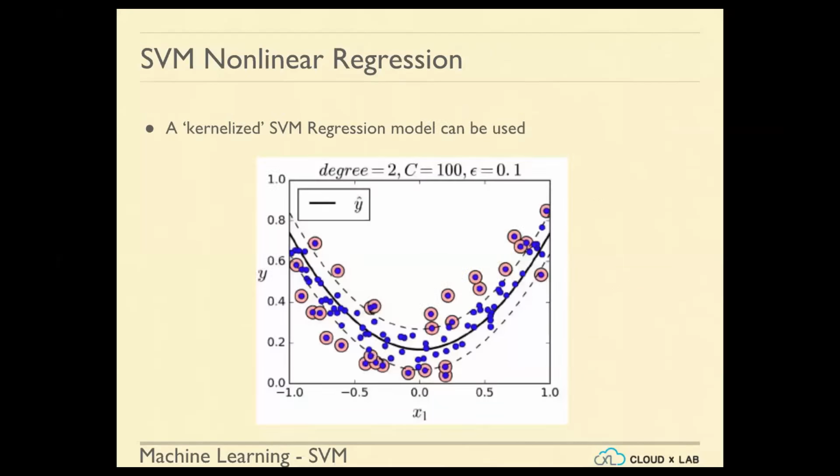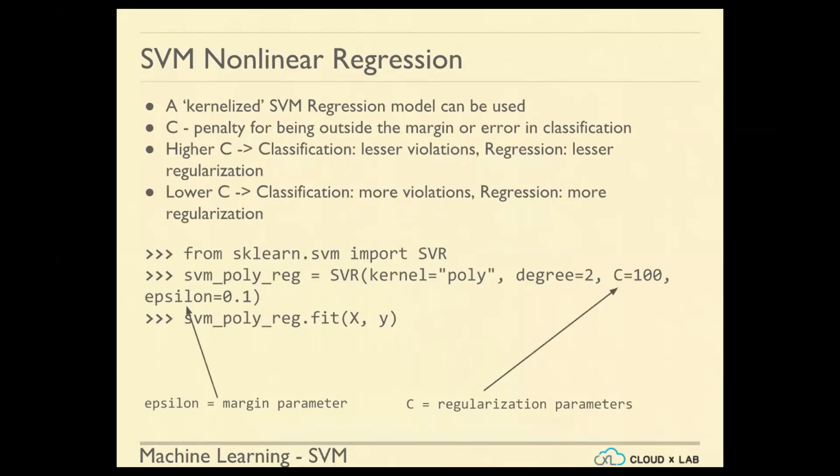All right. Good. So in case of the SVR, which is SVM regression, we use the same kind of mechanism that we used in case of SVC, just that we use the SVR here, and we have one more hyperparameter called epsilon. Again, C remains the regularization parameter, though C signified a different thing earlier.